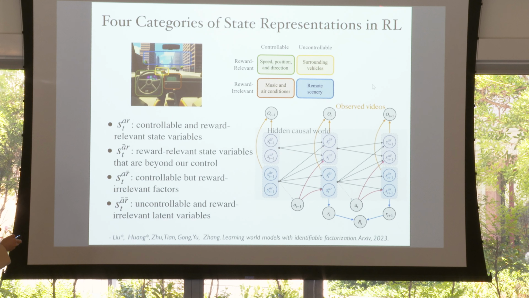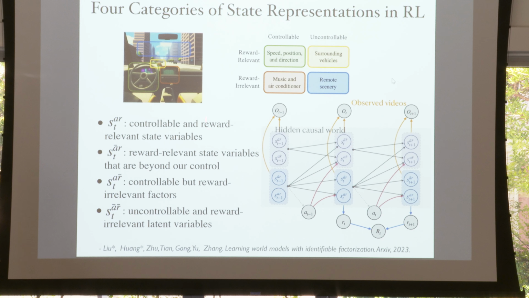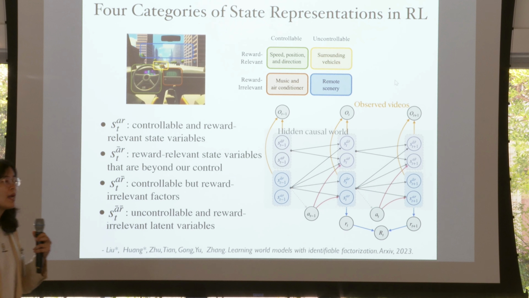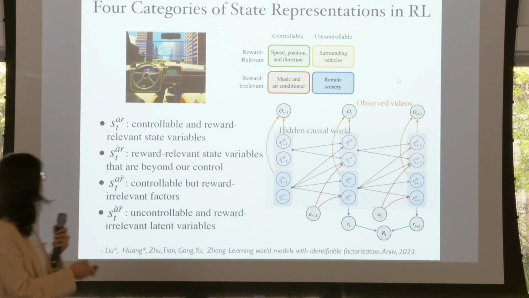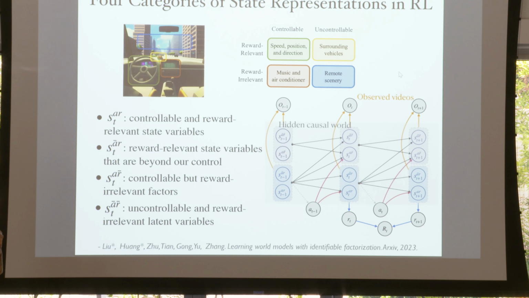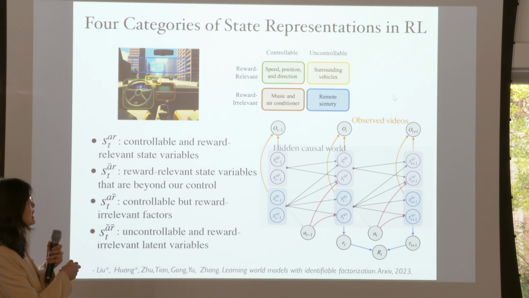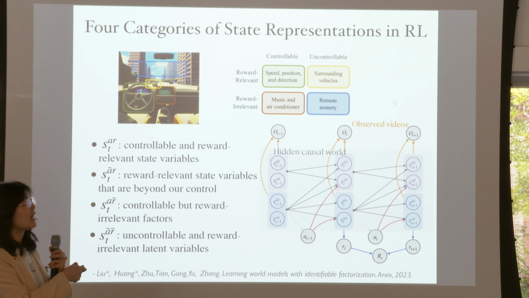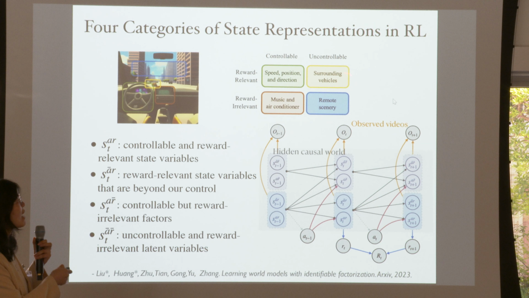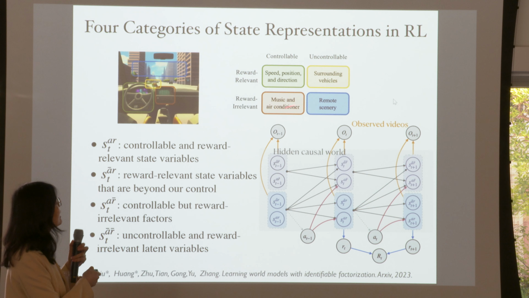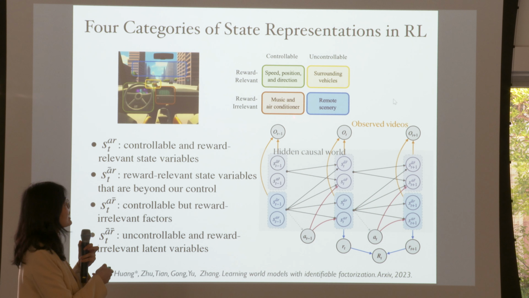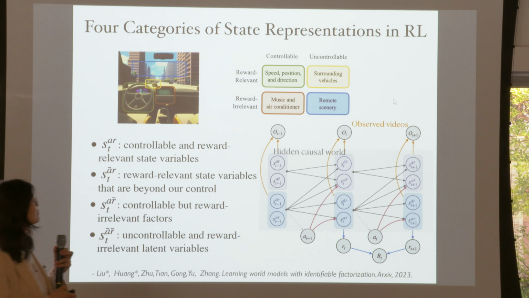Let's take this car driving as an example. So when driving a car on the street, the agent may receive various signals, right? Such as speed, position, and direction of the car, how are the surrounding vehicles, and also including music and air conditioning and the remote scenery.